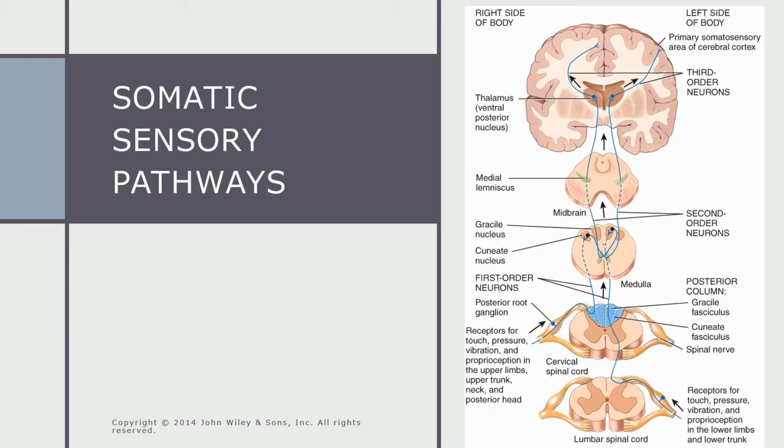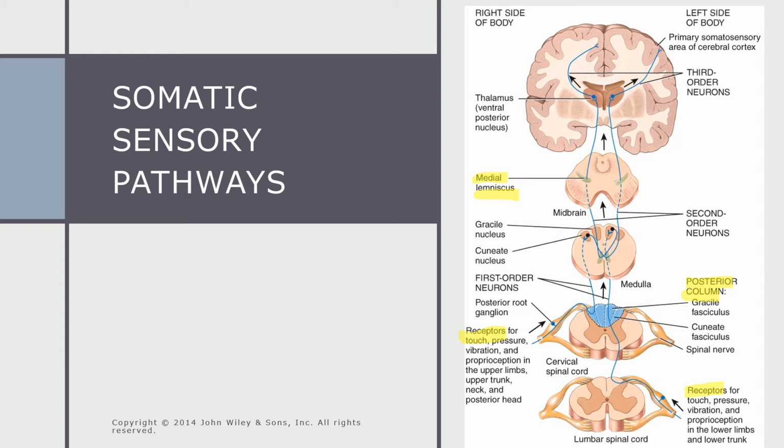Here we have the posterior column medial lemniscus pathway, and its name comes from the names of the 2 white matter tracts that convey the impulses. These are the posterior column of the spinal cord and the medial lemniscus of the brainstem. First order neurons extend from the sensory receptors in the limbs, trunk, neck, and posterior head into the spinal cord.